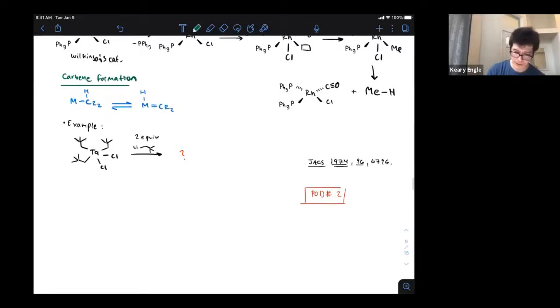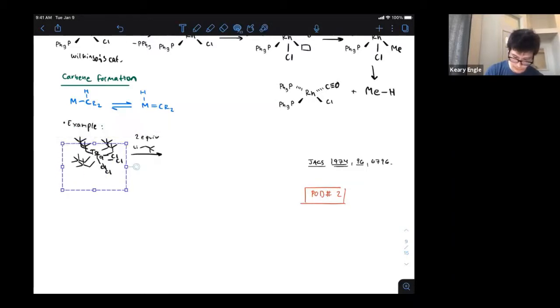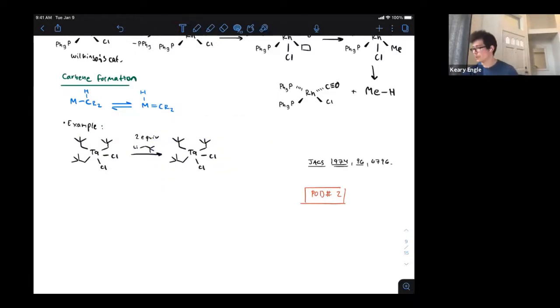Okay, so let's consider the example shown, this tetraalkyl tantalum dichloride. The first step should hopefully look a little familiar based on what we've already done in class. So what would you expect to happen here? Brendan?